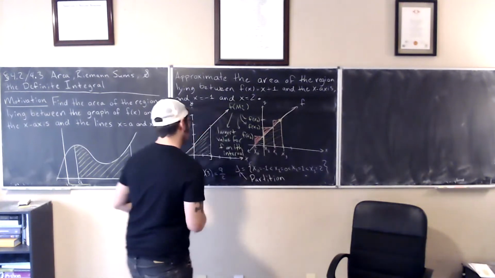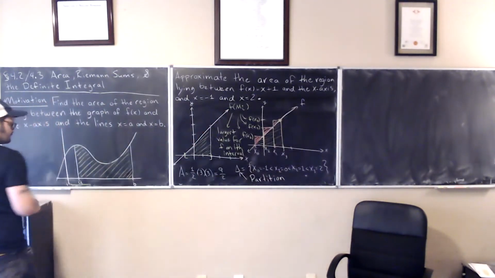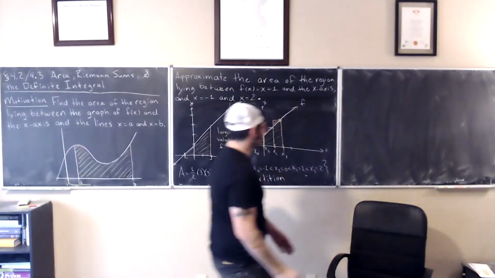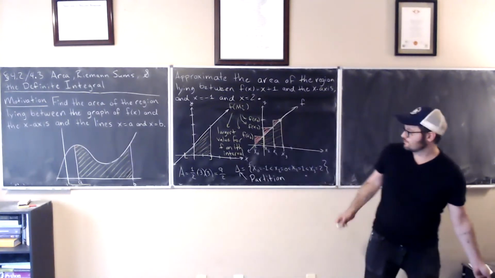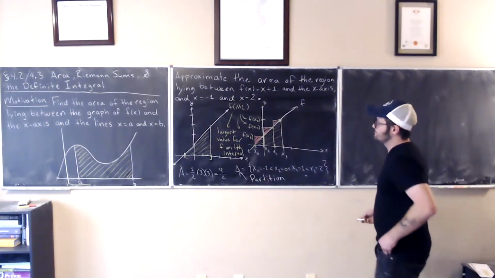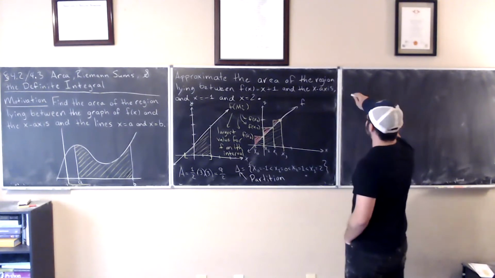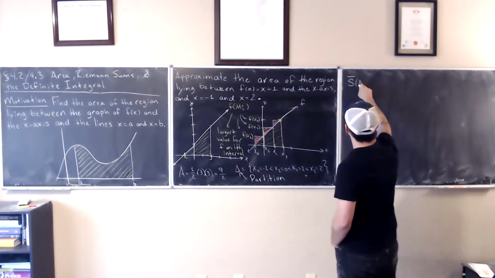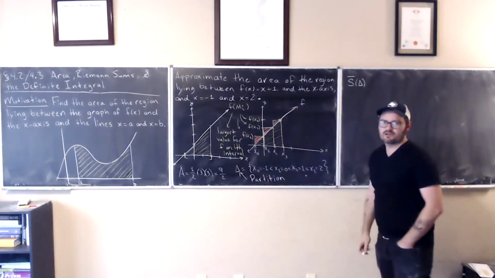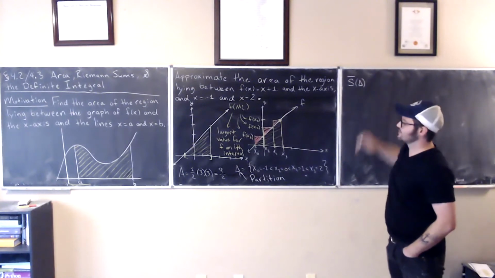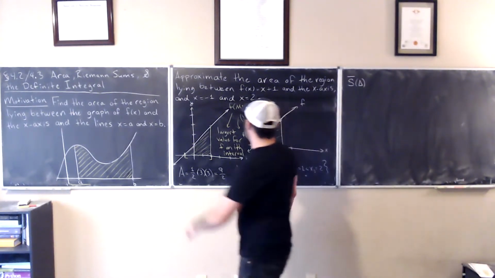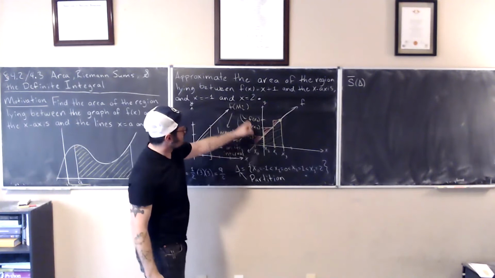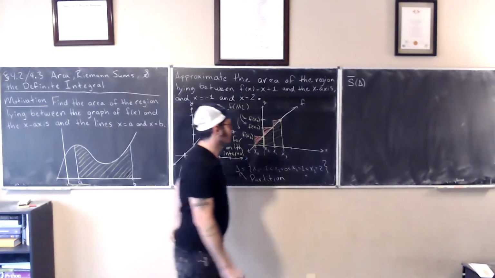But still, we have some approximation by doing it. So what is this approximation? I'm going to denote this by S with a bar above it, to mean that on each of the intervals we're taking the maximum value.